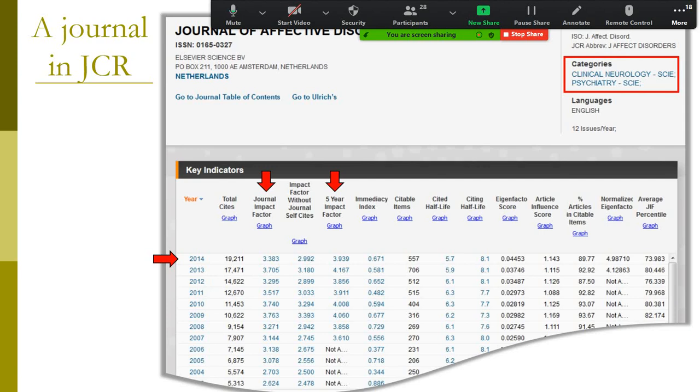In this way you can see the journal impact factor. In 2014, the impact factor for this journal was 3.383. Three digits after the decimal are normally available. In this way you can see many indicators regarding a particular journal.